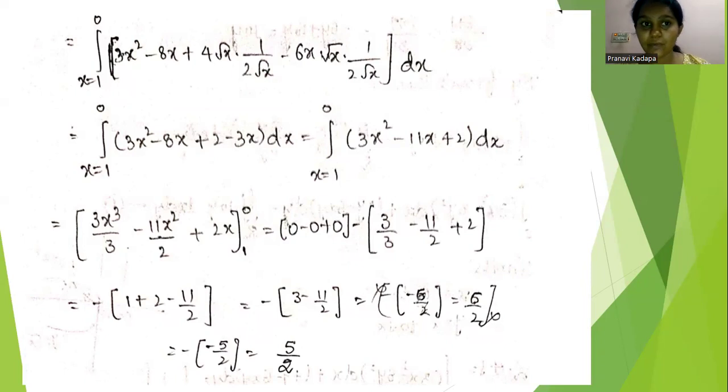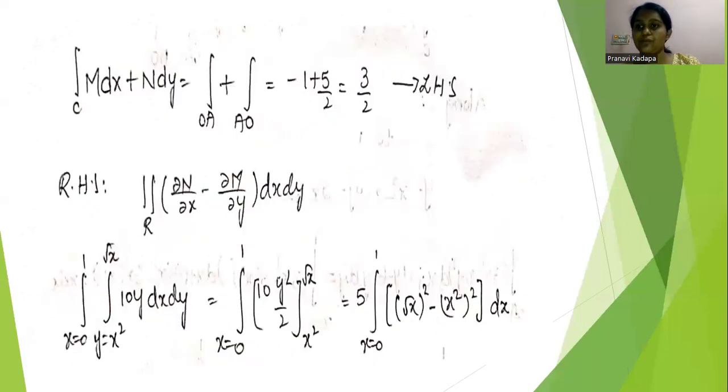Doing the calculation, we finally get the integral of (3x² minus 11x plus 2) dx. Applying the integration and limits to this equation, we get the value 5 by 2. So the integral along OA plus AO equals minus 1 plus 5 by 2, which equals 3 by 2.